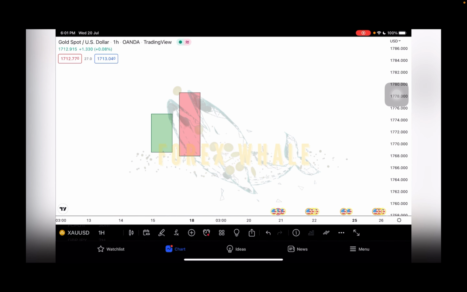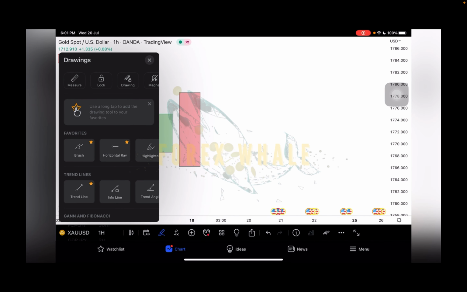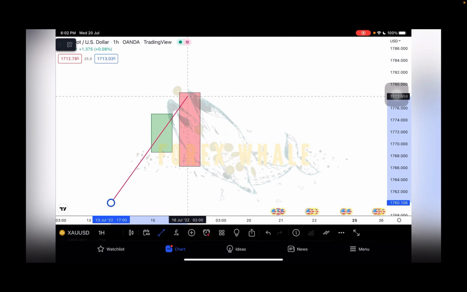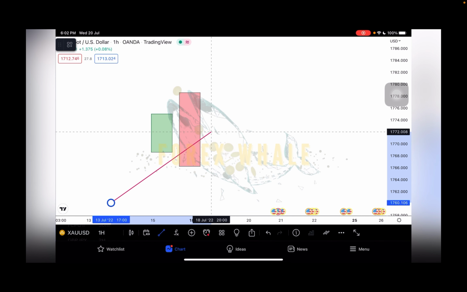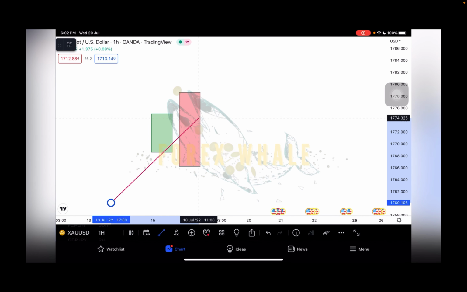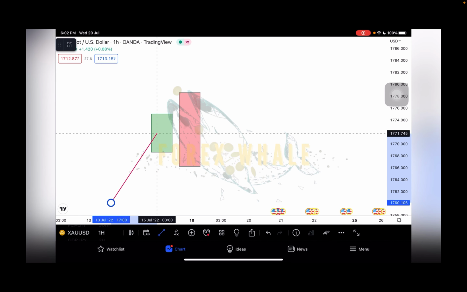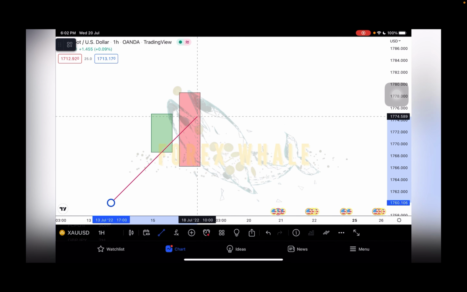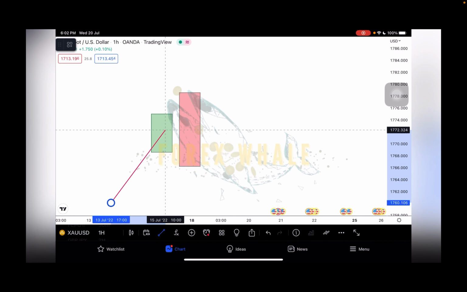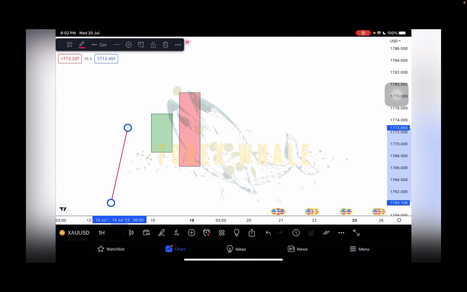As you can see, the red bearish candlestick is bigger in its body size in comparison to the candlestick before it. This candlestick is formed first and then comes this candlestick that has a bigger body size that engulfs the previous candlestick. That is why it is called an engulfing candlestick.